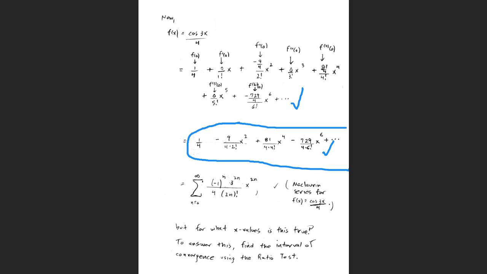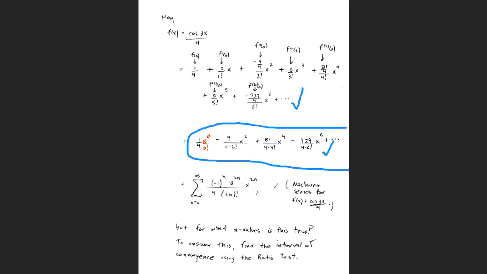And the formula, you see, because like that 1/4 there, we could write it as 1/4 times x to the 0th power all over 0 factorial.